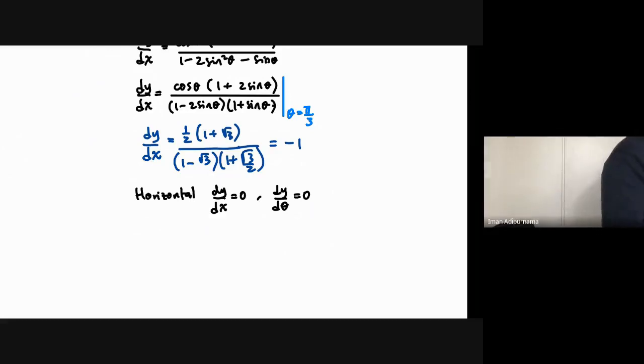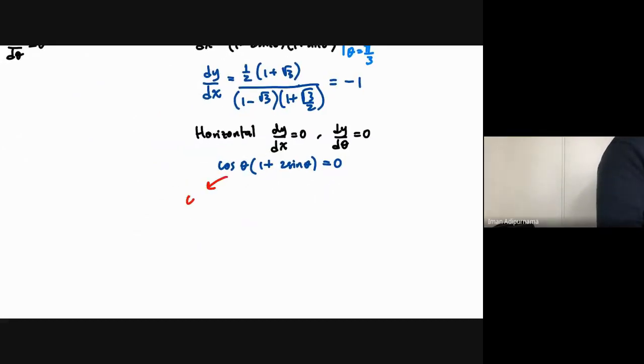So cos theta times 1 plus 2 sine theta should be 0. It can be that cos theta is 0 or 1 plus 2 sine theta is 0, right?